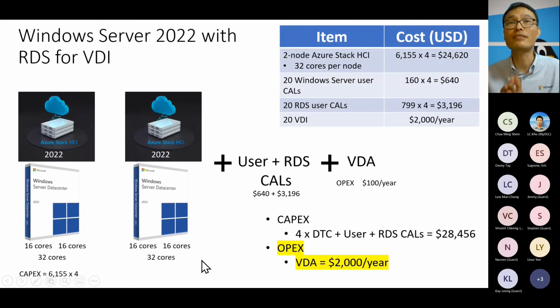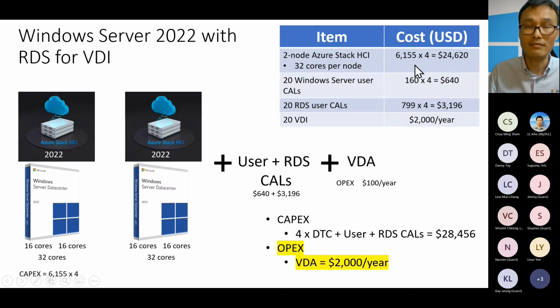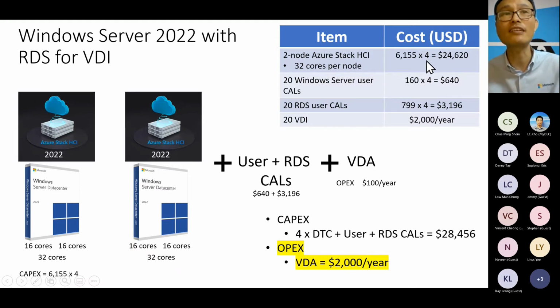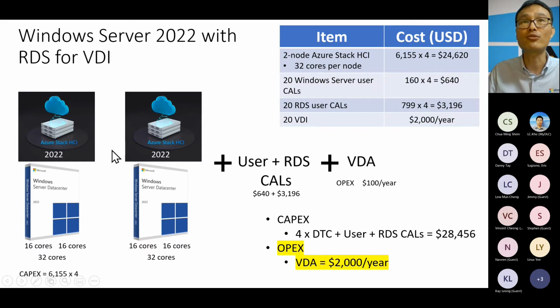So if I were to look at the 2022 Datacenter Edition, in a 32-core AMD CPU, and we have 2 nodes of those, okay? So the total number of Datacenter Editions will turn out to be 4 sets: 1 base license of 16 cores and then the additional 16 cores, and we need 2 of those because we have 2 nodes.